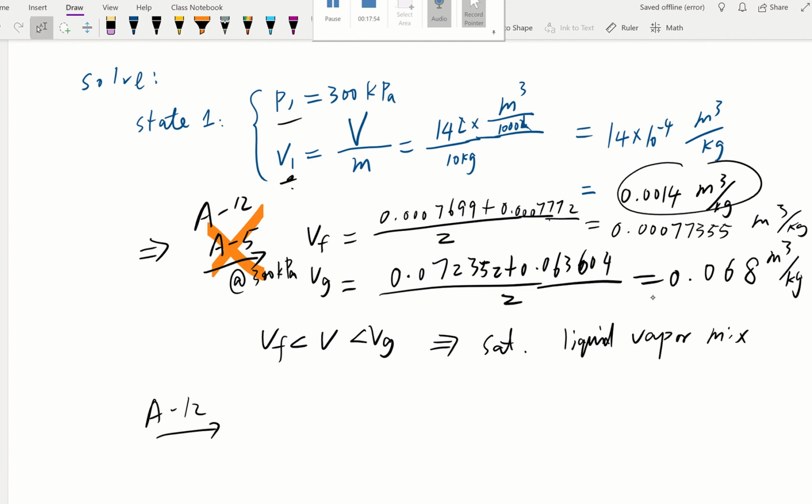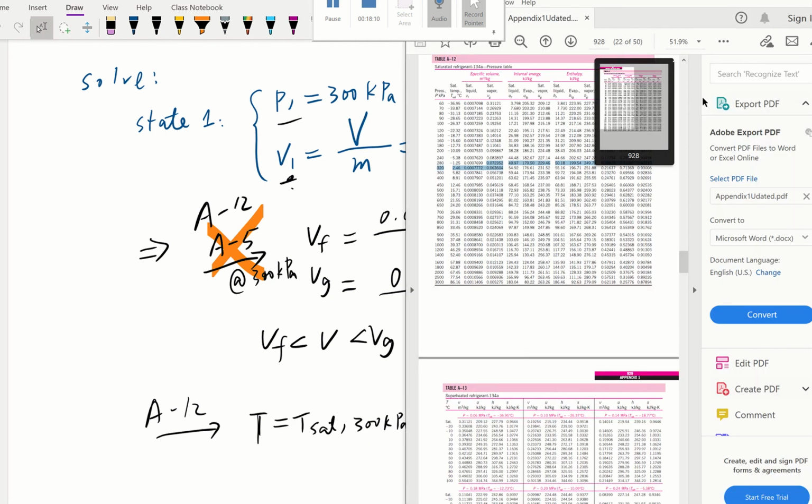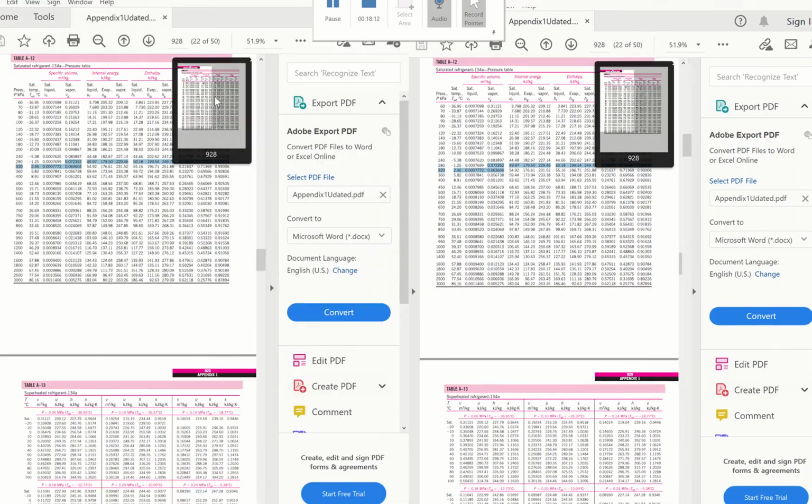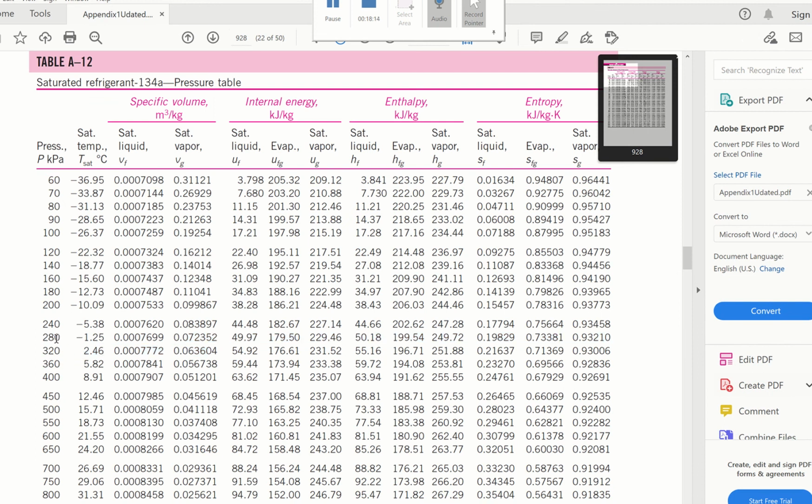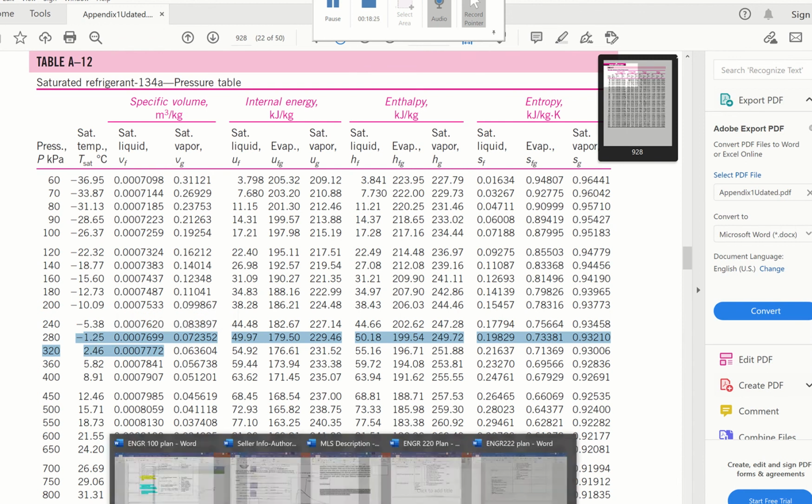The T here is going to be our saturated temperature at 300 kilopascal, and likely we're going to take the average again because there's no 300 row. So let's look at 280 and 320, and those are the two temperatures, negative 1.25 and 2.46. We're going to take the average of those two.